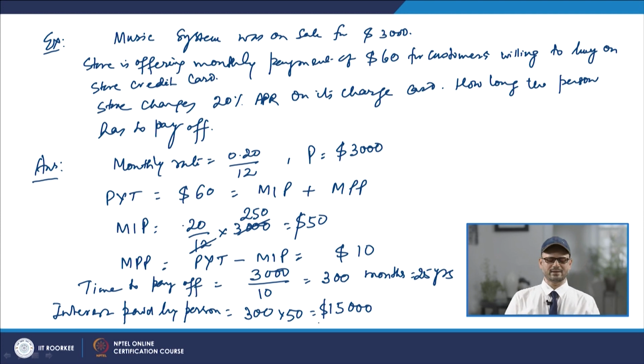If you analyze further, since he is paying 10 every time, his principal amount is coming down. So the interest will not be the same; it will be different each month in actual calculation.